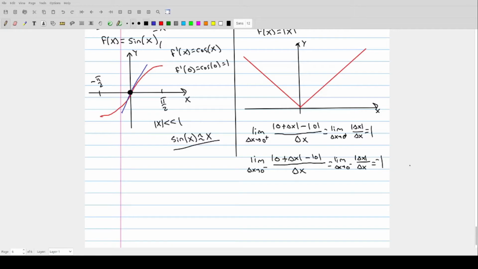So the slope of this function on the left-hand side is negative 1. So this function is not differentiable at the origin, at x equals 0.